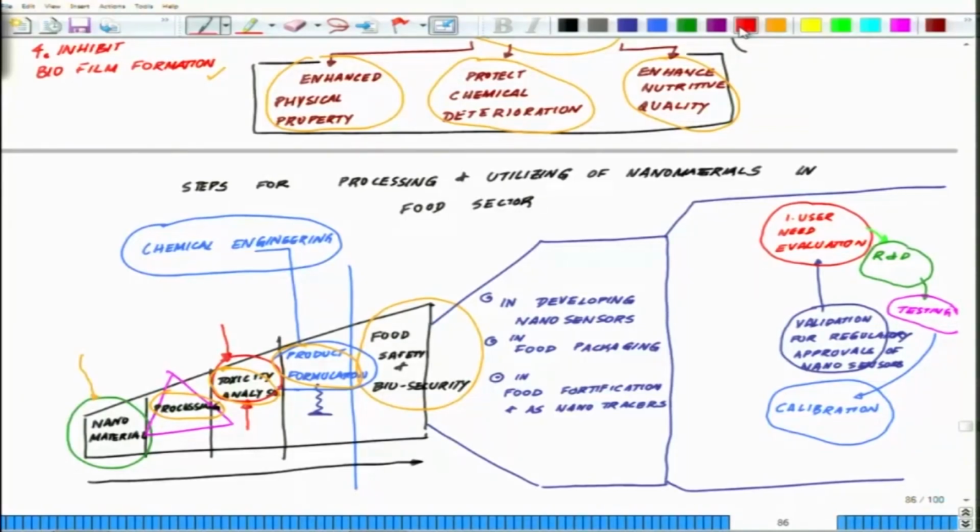Okay. Then next comes the functionality evaluation for the intended purpose. Say for example, one claims that this particular food is fortified with say vitamin D. So, one has to do a functionality evaluation, and then next comes the validation, and that is where comes major approval.